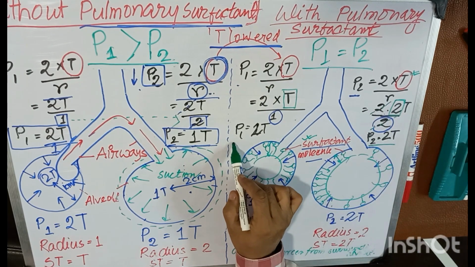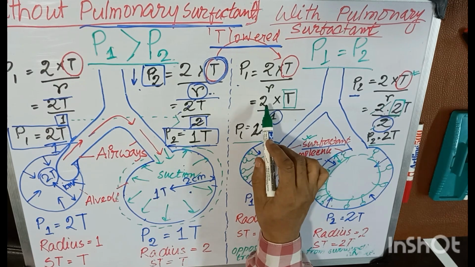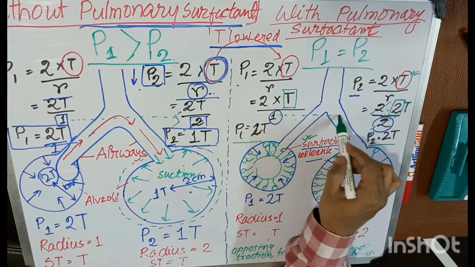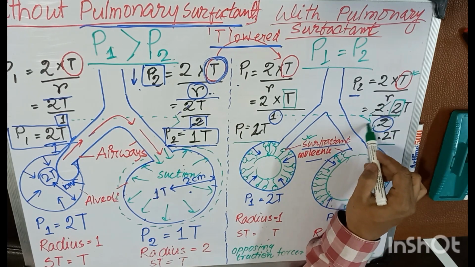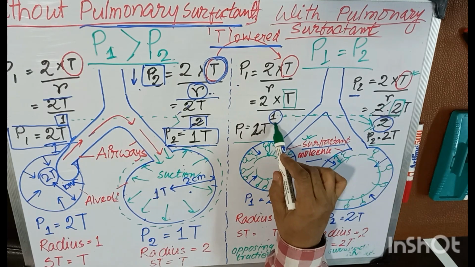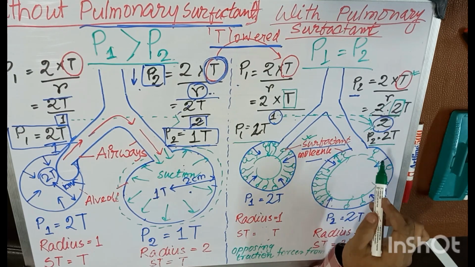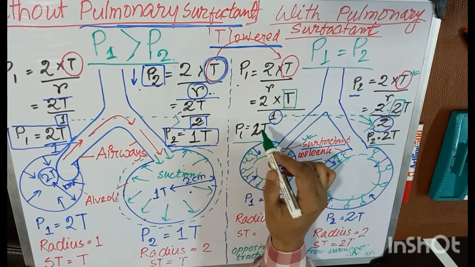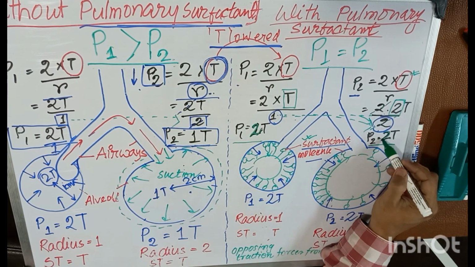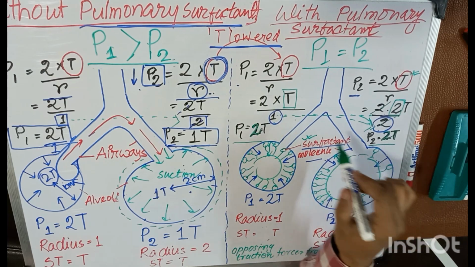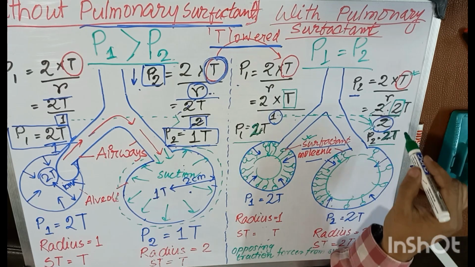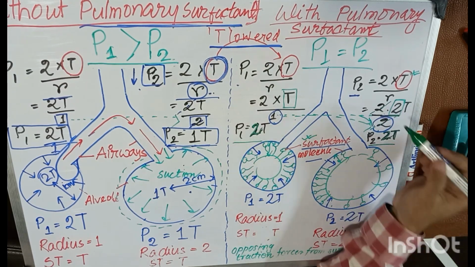The original pressure was 2T by R1. So the increase of radius from 1 to 2 has not produced any pressure change. The pressure that was originally 2T is still 2T, because there was a simultaneous increase in surface tension.